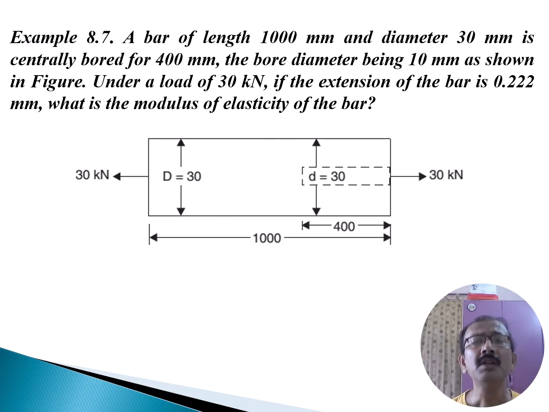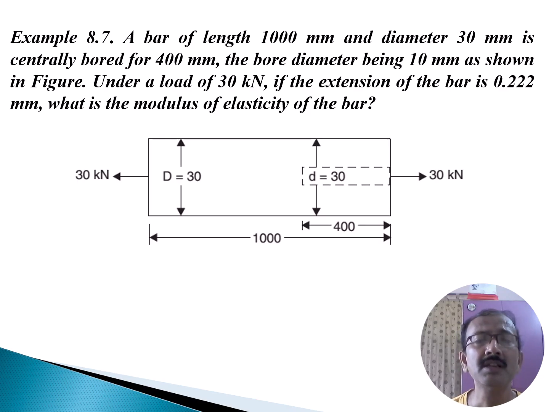Next problem: the bar of length 1000 mm and diameter 30 mm is centrally bored for 400 mm. The bore diameter is 10 mm as shown in the figure, under the load of 30 kilonewton. If the extension of the bar is 0.222 millimeter, what is the modulus of elasticity of the bar?